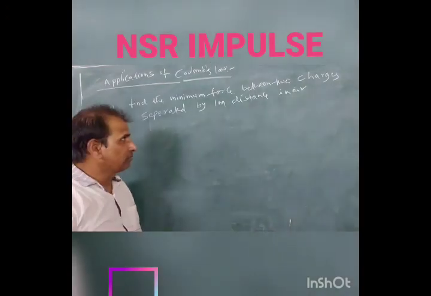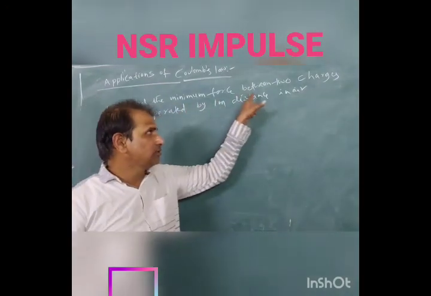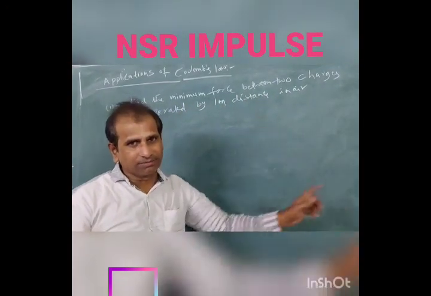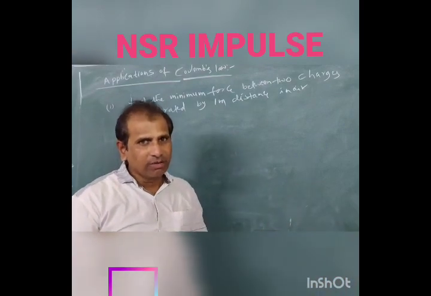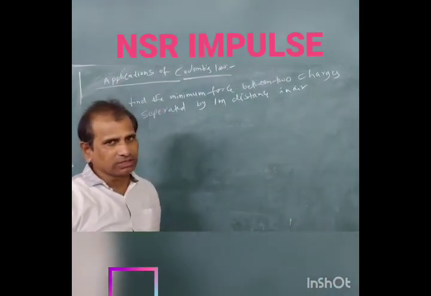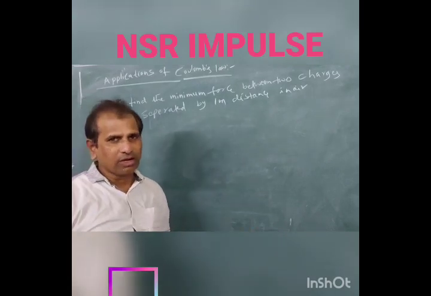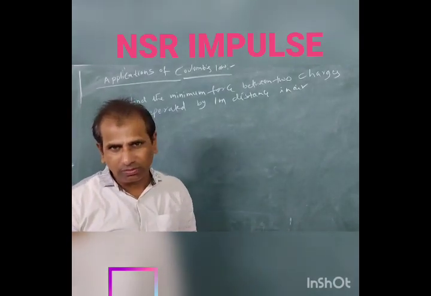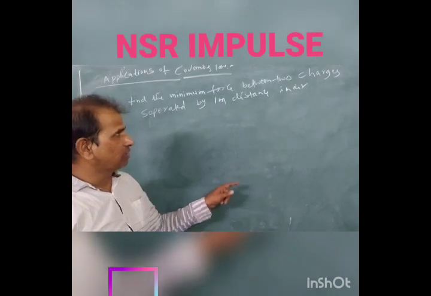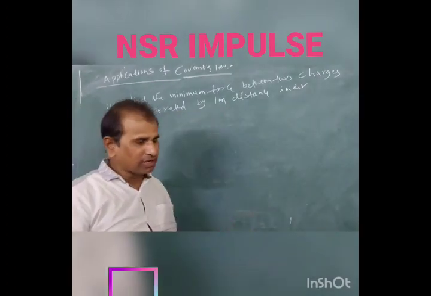Minimum force is being asked. See, in this question, the charge values are not given, but it asks for the minimum force between the two charges. How can we calculate the minimum force between the two charges without knowing the charges?